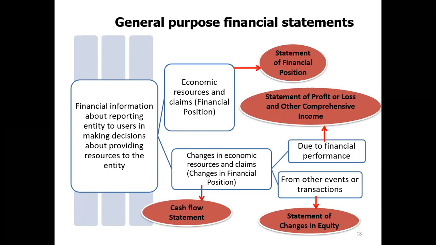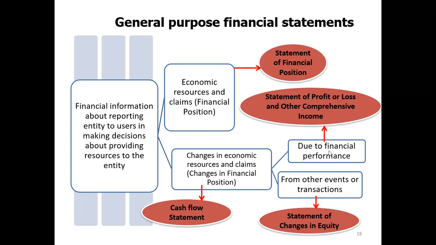The one is about the financial performance. The other one is about other events and transactions. The economic resources and the claims of an organization can be affected due to the financial performance, which is nothing but the profit or loss. You communicate the profit or loss information through the statement of profit or loss and other comprehensive income.